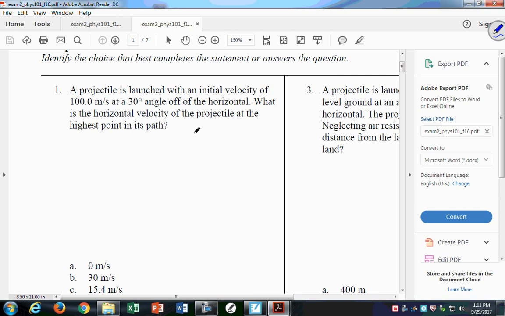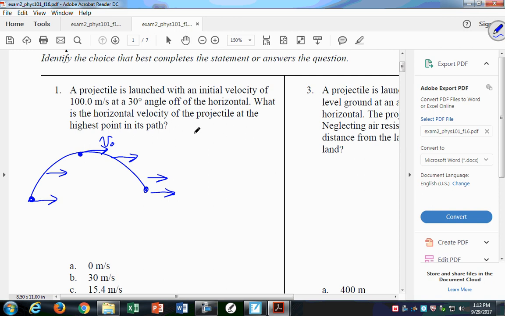And you might look at it and say, well, gosh, I don't know how to do that. But just stop and take a big, deep breath. And, if you don't know what to do, I always draw a picture. I'm starting here, going over here, and I want to know what is the horizontal velocity at the highest point in its path. What is V0? Well, then you think, oh, well, I know that it's the same as it is over here, because Vx doesn't change as it moves throughout the trajectory.